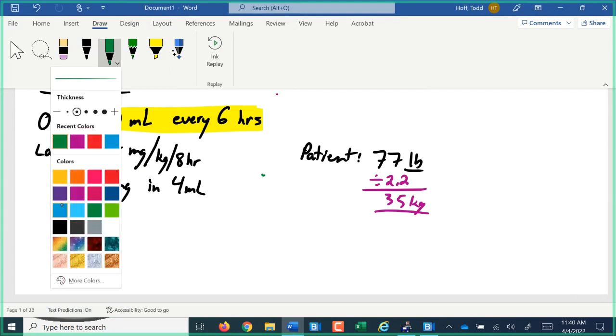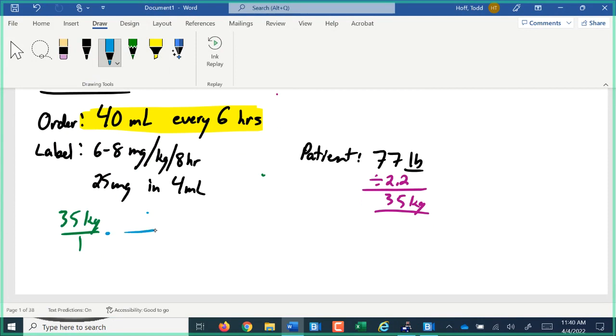We need to get rid of the kilograms on bottom. And as usual, we're going to use the maximum end of the range of our dosage, 8 milligrams per kilogram. So the kilograms have canceled out. And remember, we're going to come back to that time frame of per 8 hours later.